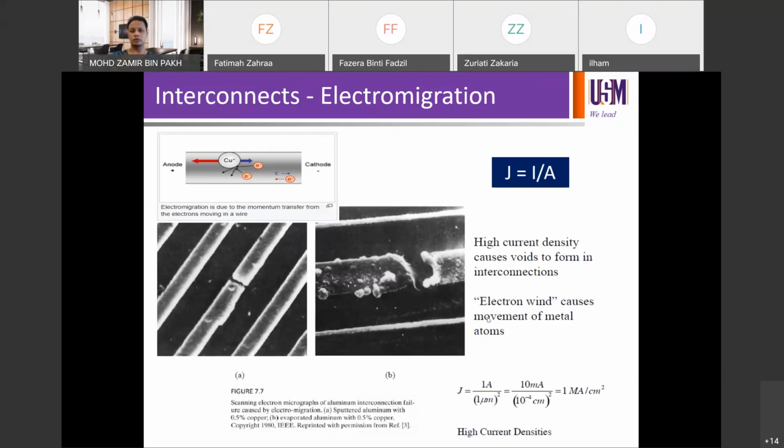Okay, so current density is given by J. J is given by I over A. So current divided by the area of the conductor or of the wire. For example, in the earlier example, you have a shrinking area of the gold nanowire as the electromigration evolves, so you're going to have smaller and smaller areas of your wires, right?